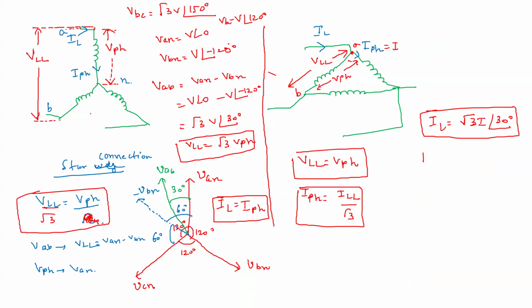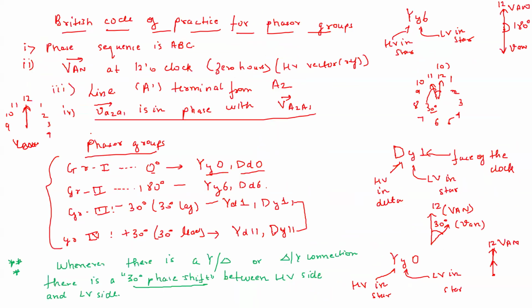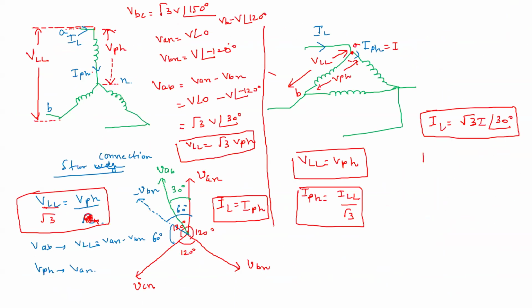This is the Yy6 vector group. As per our discussion, here also I will take the A terminal from A2. Line A terminal from A2. So this is A2, this is A1, this is B2, this is B1, this is C2, this is C1, this is the neutral.